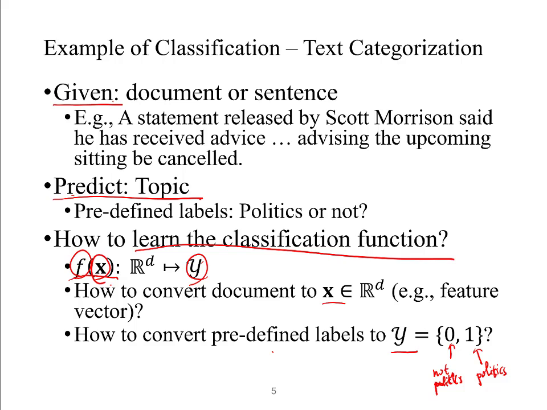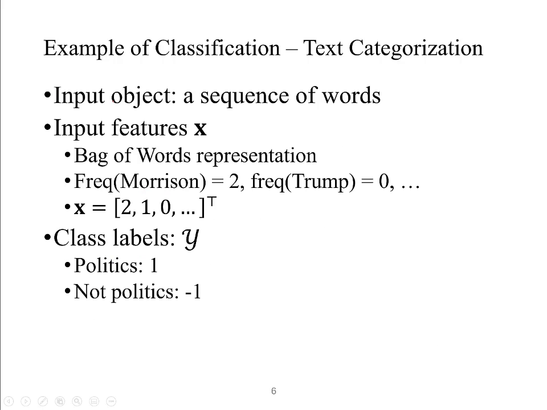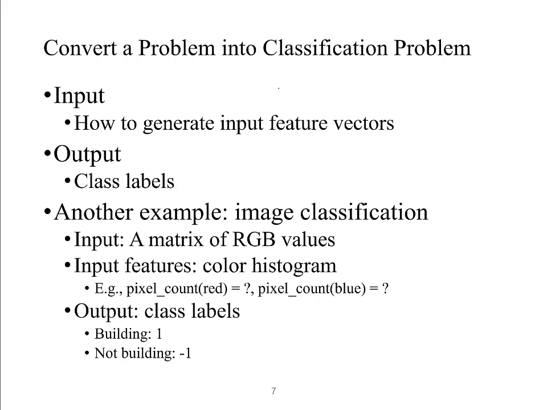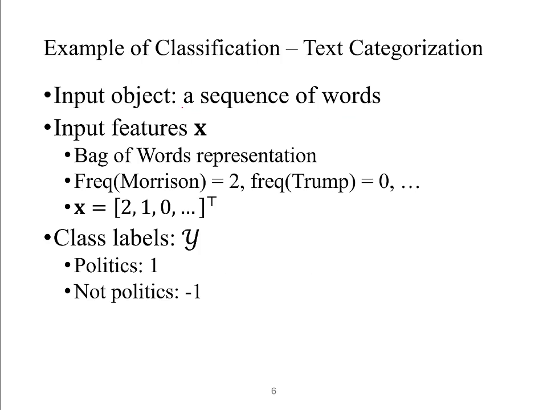All right, so this problem, if we abstract it again, is like this: the input object is a sequence of words, which is a document, and we convert it into X, the feature vector.